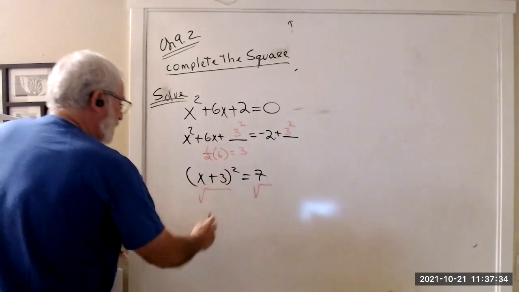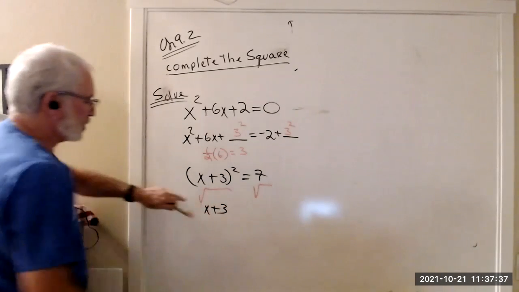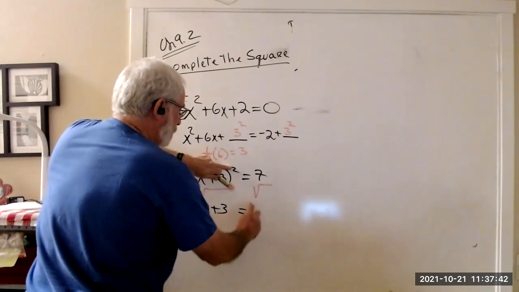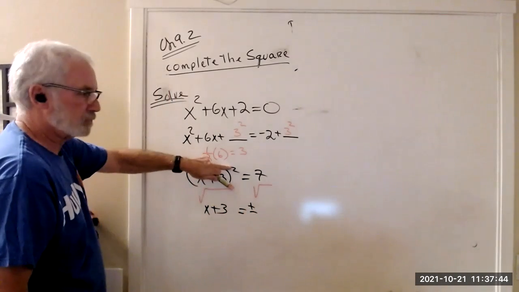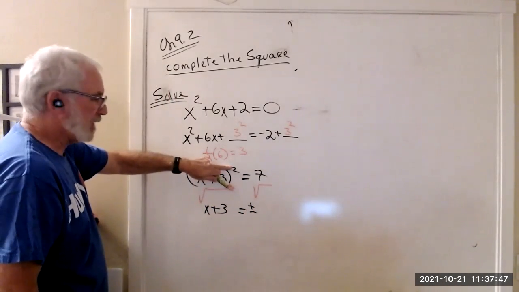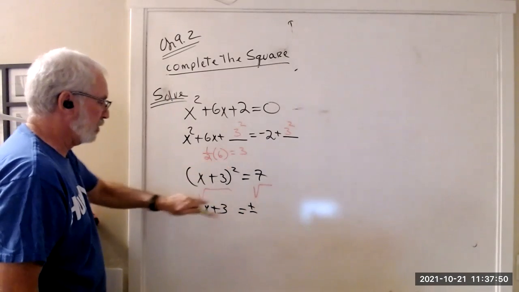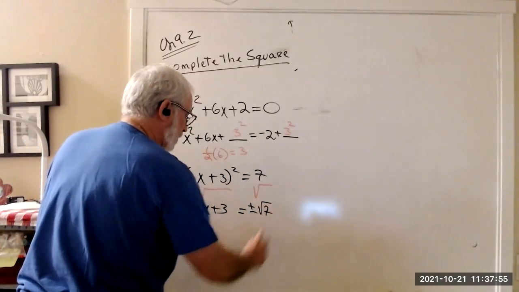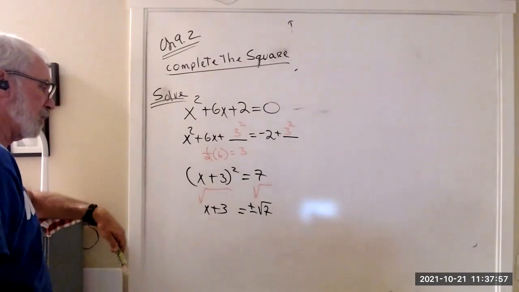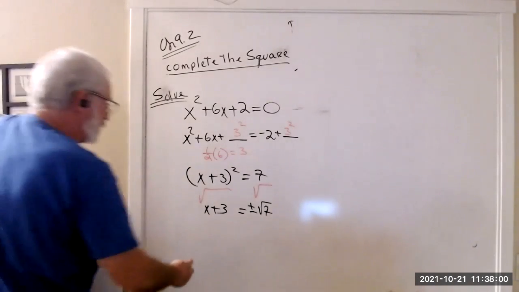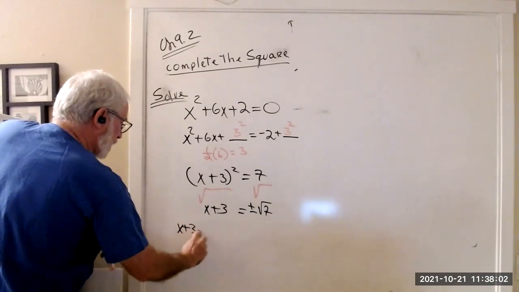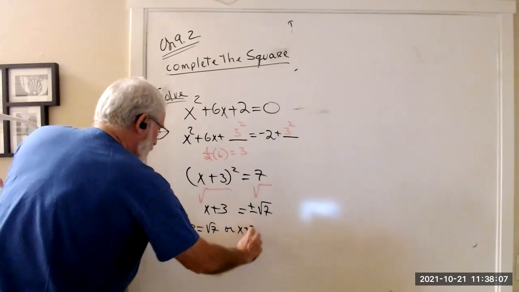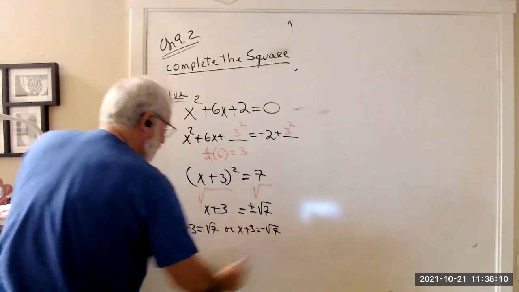So this becomes x plus 3 because the square root cancels the square power, equals plus or minus. Got to remember that plus or minus again. When you're using the square root of both sides, use plus or minus, and this is just simply the square root of 7. Okay. Solve the two problems. X plus 3 equals the positive square root of 7, or x plus 3 equals negative square root of 7.